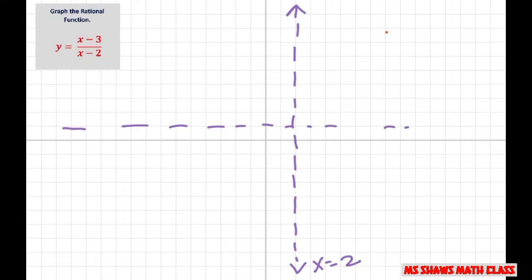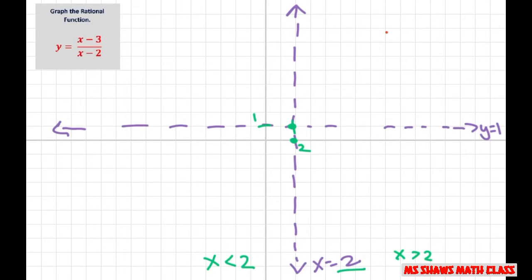It's like a translation of the axis. All right. Now that you have that, we know that this is 2 right here, and this is 1. And what I want to know is what's going on on the right-hand side of 2, or when x is bigger than 2. And also I want to know what's going on when x is smaller than 2. So I can get a general idea of what this graph looks like.